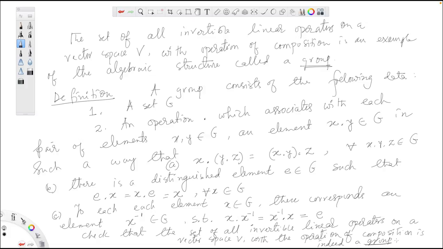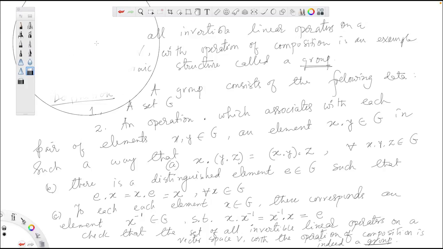You take the subset of the invertible linear operators on a vector space, and you see that it's endowed with the structure of a group.